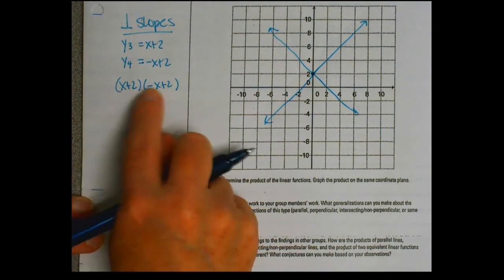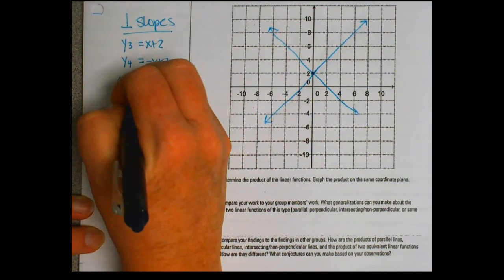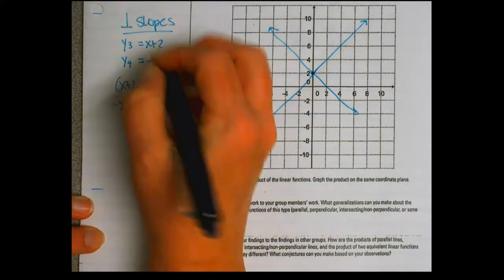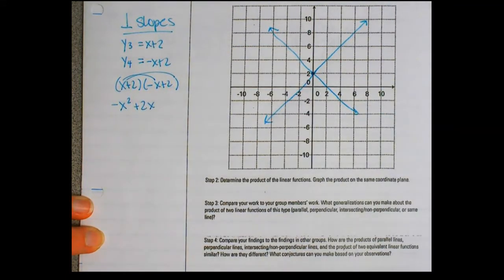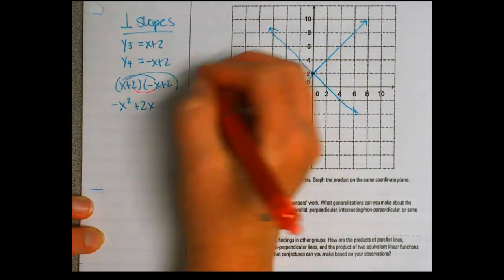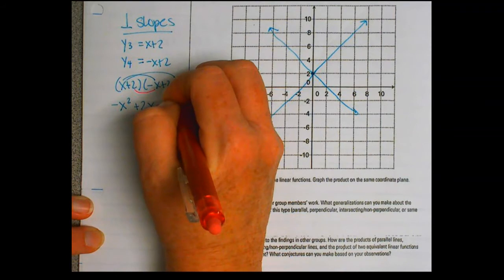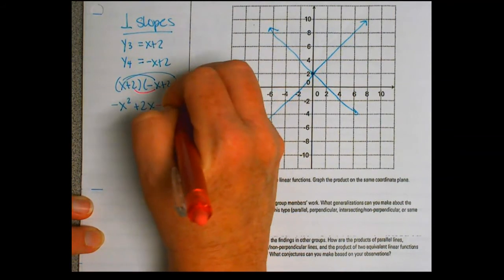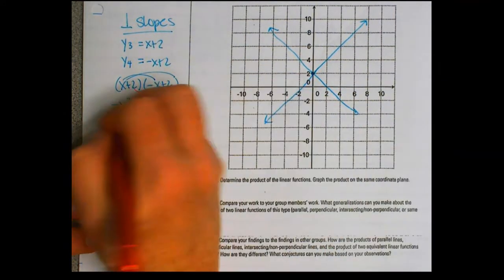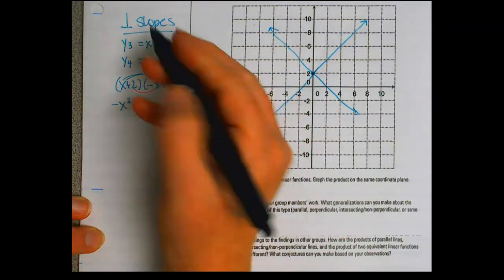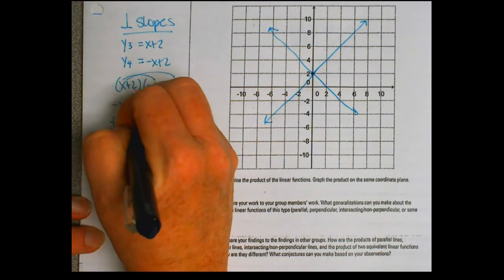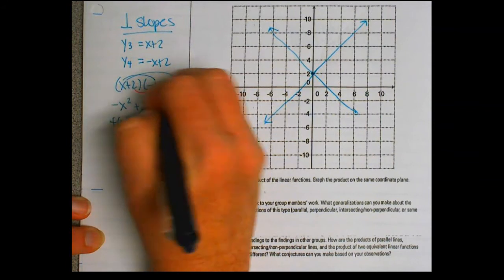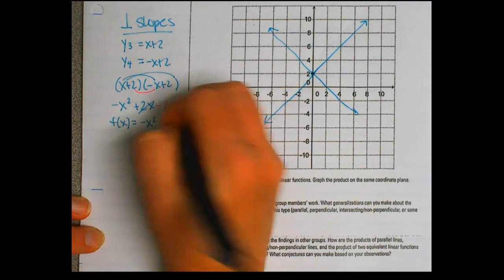So it's x times both of these. That's -x squared plus 2x when I multiply here. And then when I multiply the 2 by everything, I get -2x and then plus 4. So when I add all this together, my new function, my f of x, is going to be -x squared. These two terms cancel, plus 4.